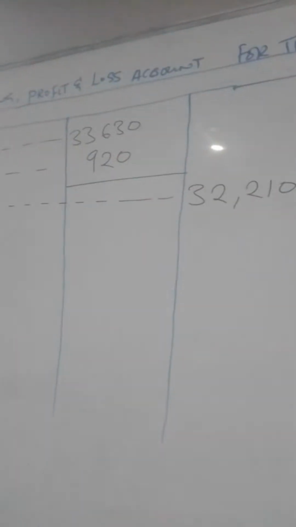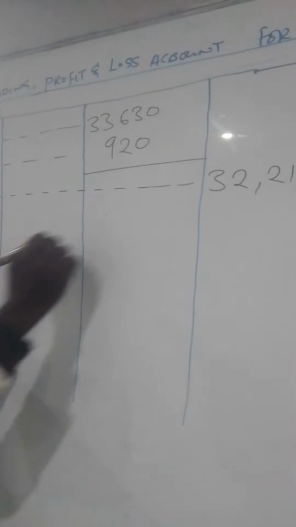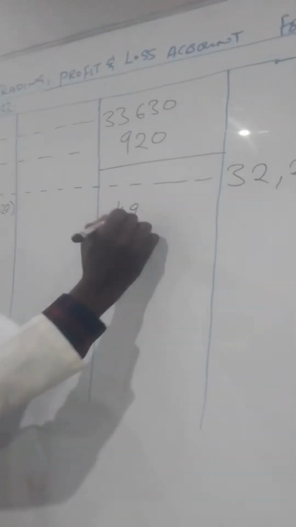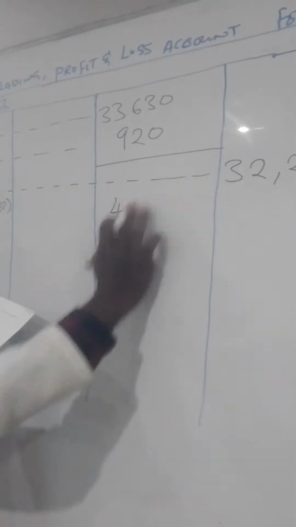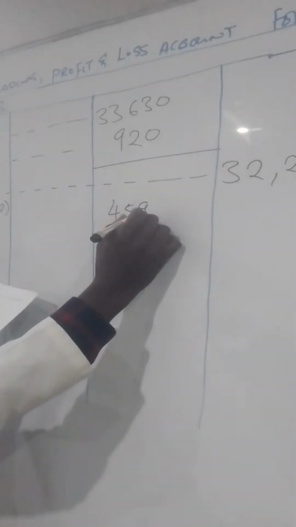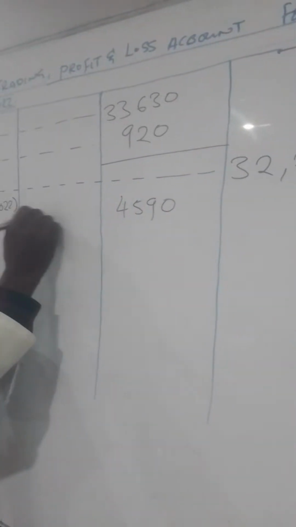Okay. So where do we put our opening stock? At the headline. So which is just 4,590.